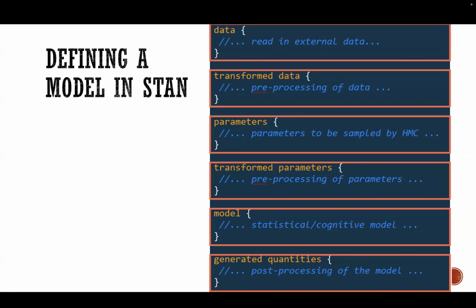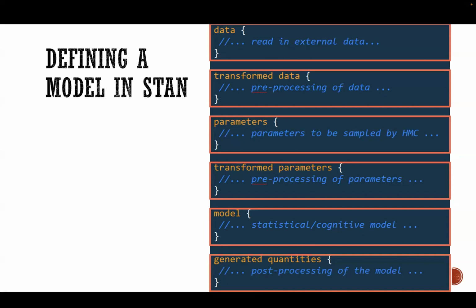For instance, you might want to know what the prior for alpha, for the learning rate, was, so that I can overlay it to the posterior and see how much the model has learned from the data. And you could generate it in R, but it's much more convenient to generate it here.